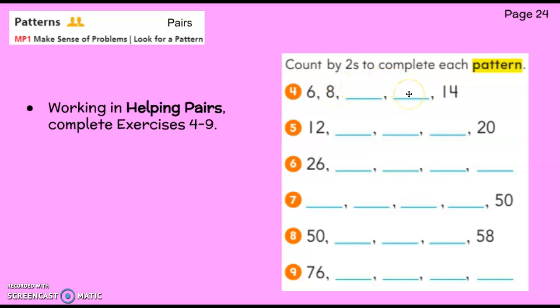Then 2 more is 12, and 2 more is 14. You've got it. All right, so then this is number 5 in the orange dot, but start counting with 12 and think of what's 2 more, then 2 more, then 2 more, and when you get to 2 more, it should end up at 20. And then number 6 is a whole different one, starting with 26, and so on. So try those patterns out.